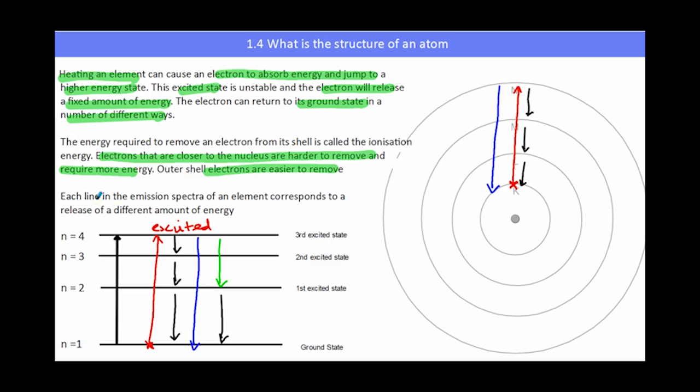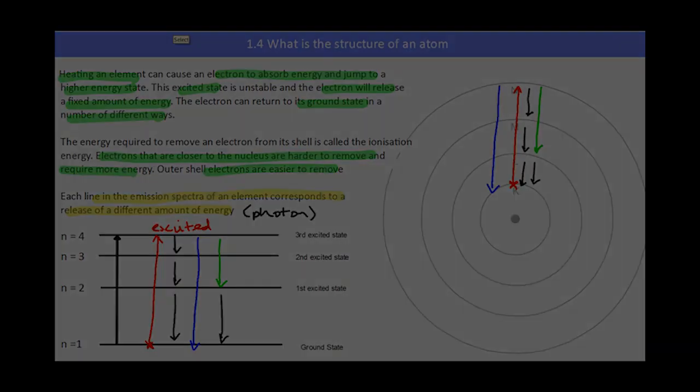Going from the first to the K shell, well, that's a fair bit of energy as well, and that's usually found in the ultraviolet section. But any of these electrons where they're moving from one shell to the other, it's going to release a certain amount of light. And we see that in the emission spectrum as those lines on that black background.